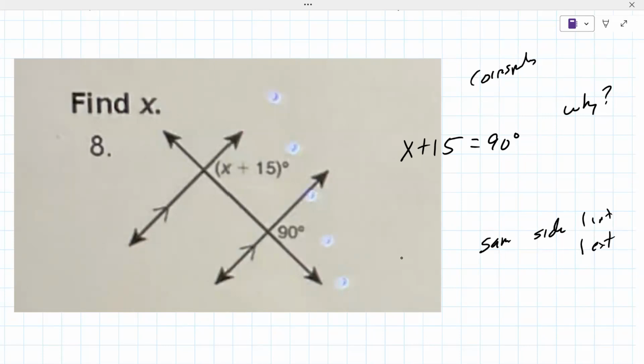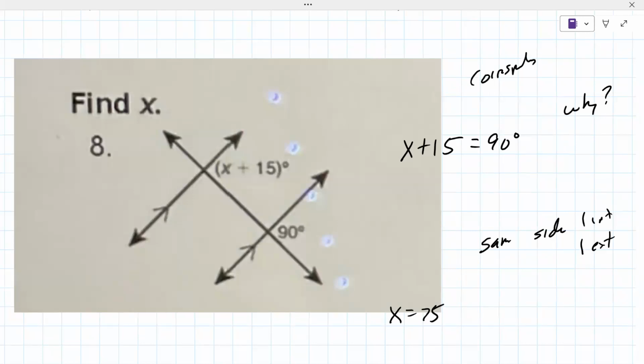Okay, so go ahead and solve for x, please. 75. Good. X is 75. Fantastic.